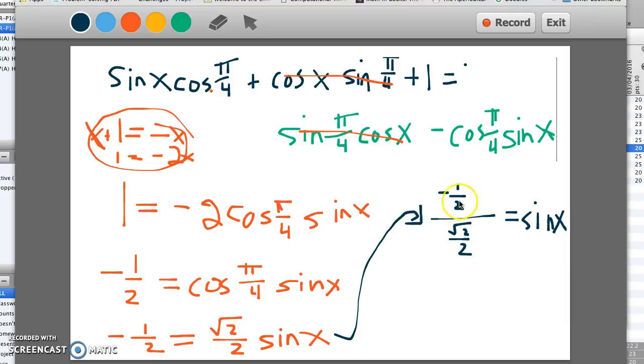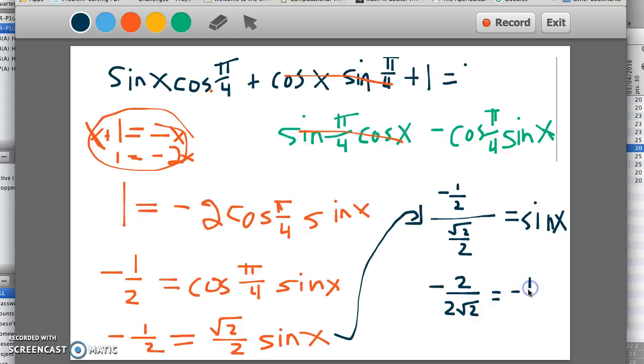Dividing by a fraction means multiplying by its reciprocal, so this is negative 2 over 2 root 2, and these cancel, so it's negative 1 over root 2. Multiply by root 2 on top and bottom, and you end up with negative root 2 over 2 equals sine x.